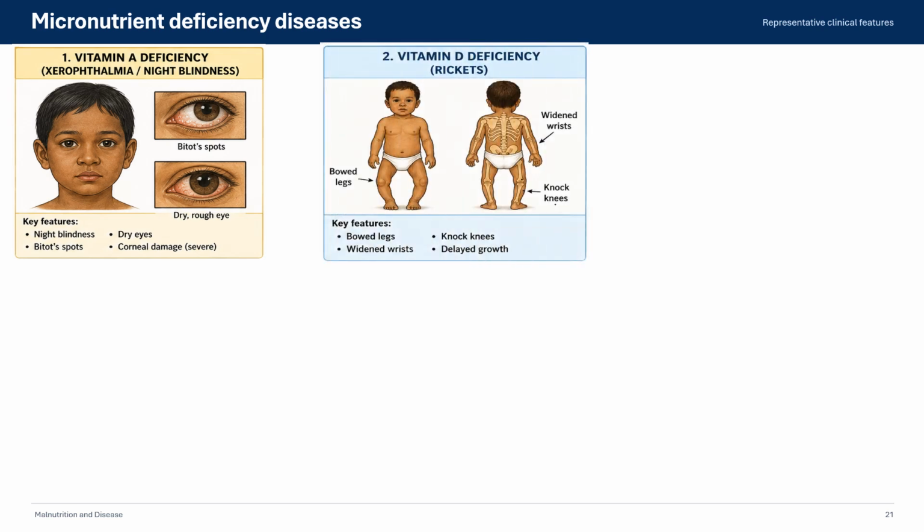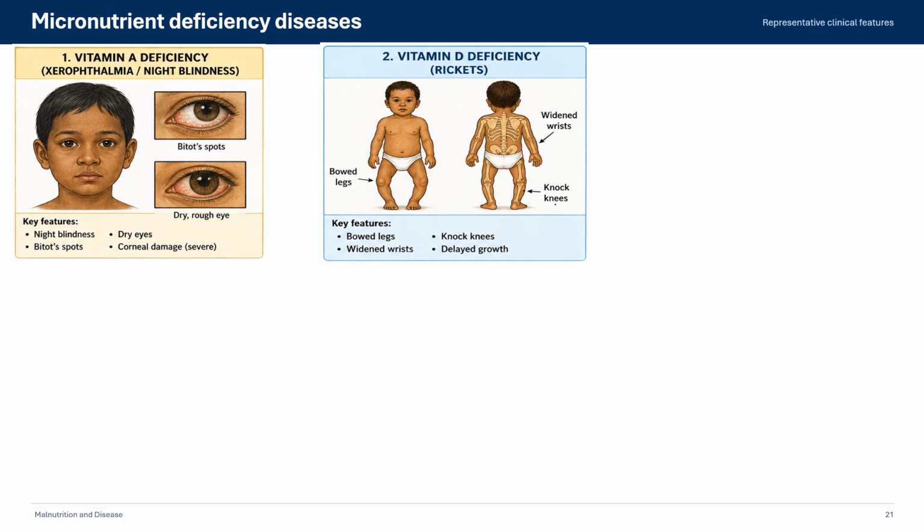The second example is vitamin D deficiency. Vitamin D is generally essential for bone growth and maintenance. Hence, its deficiency causes rickets in children and osteomalacia in adults, leading to soft bones, bowed legs, bone pain, delayed growth, and skeletal deformities.